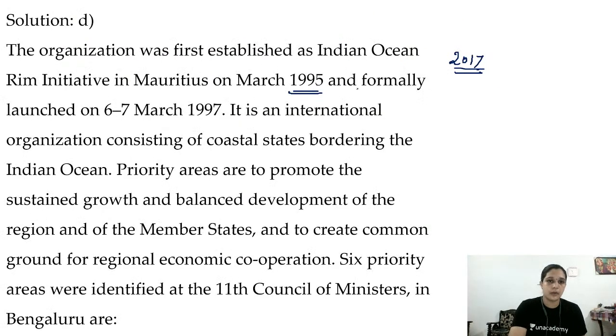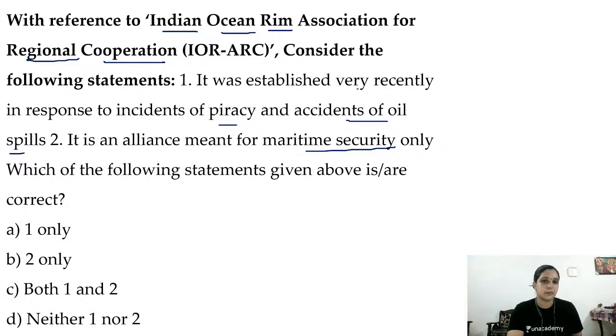Okay, now do you understand how I came to the answer? First statement might be confusing if you don't know the current affair. That is purely current affair. But second statement, I can come to the conclusion because regional cooperation, they might have it as maritime security itself in the name, if it is only about maritime security. The name of every organization is clearly given.